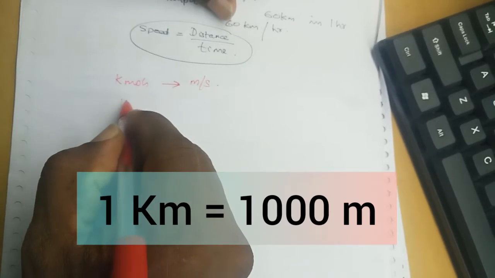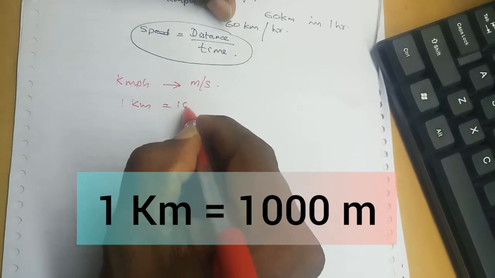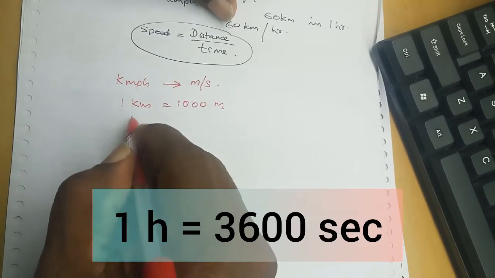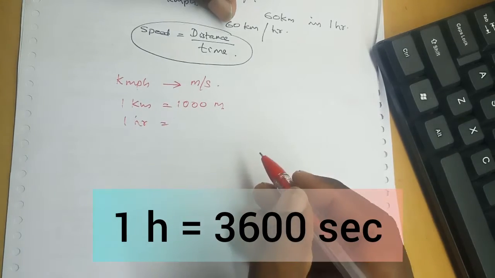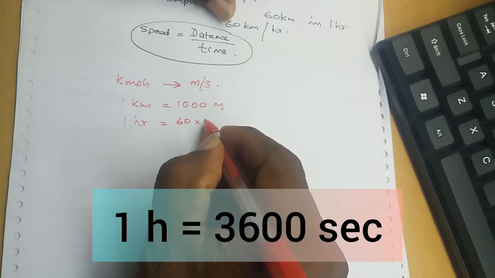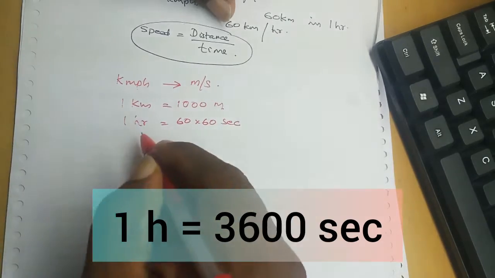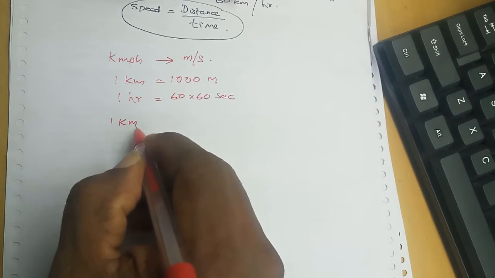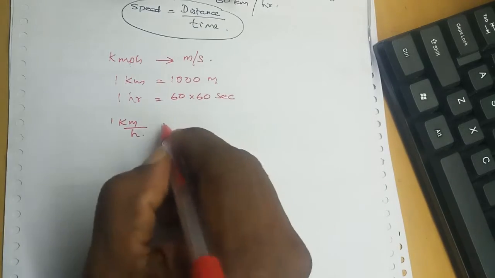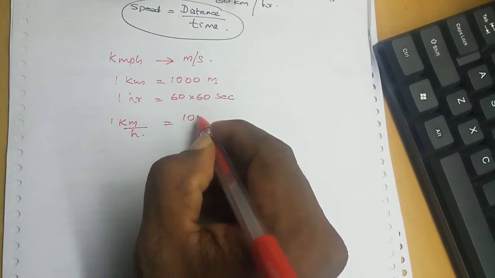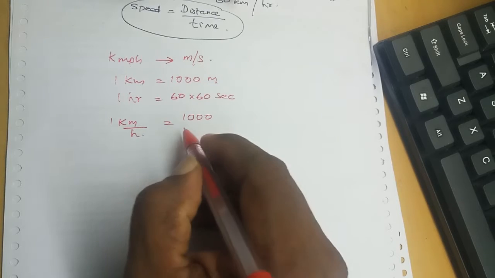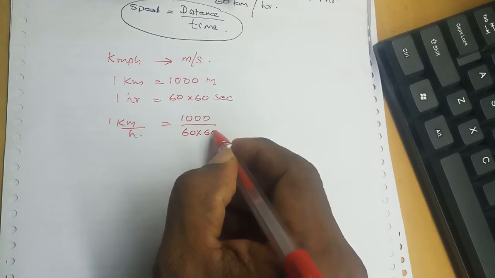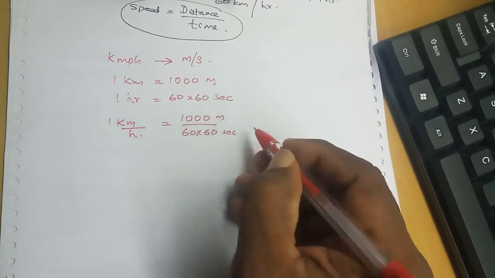Here we know 1 kilometer is equal to 1000 meter. 1 hour is equal to 60 into 60 seconds. Everybody knows it. So 1 kilometer per hour is equal to 1000 divided by 60 into 60 seconds, meter.